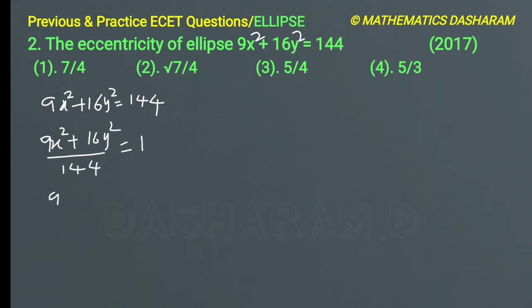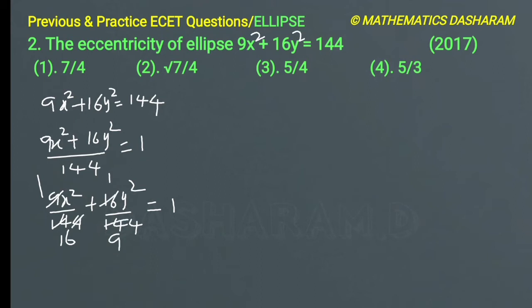Now split into two fractions, 9x square by 144 plus 16y square by 144 equals 1. 9 ones are 9, remainder 5, 9 sixes are 54; 16 ones are 16, 16 nines are 144. So then x square divided by 16 plus y square divided by 9 equals 1.